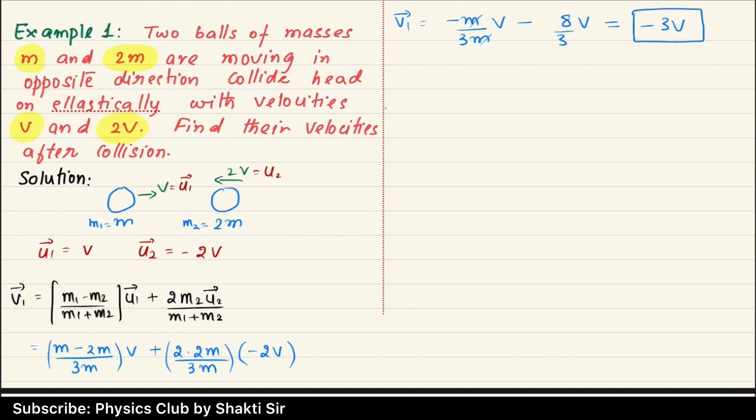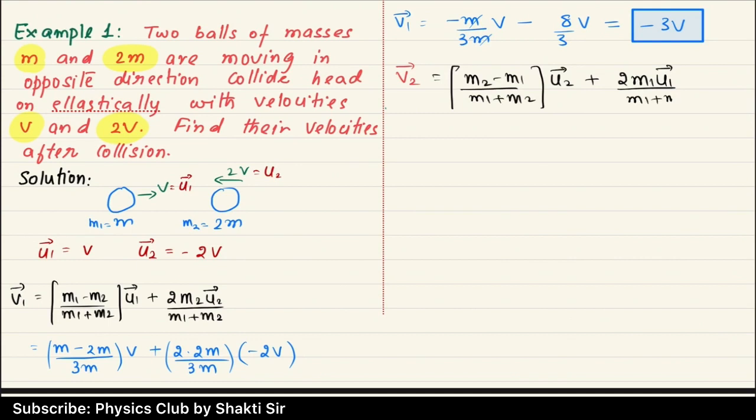Now we will write the equation for v2. v2 is equal to (m2 minus m1) divided by (m1 plus m2), times u2 vector, plus 2 times m1 u1 vector divided by m1 plus m2.